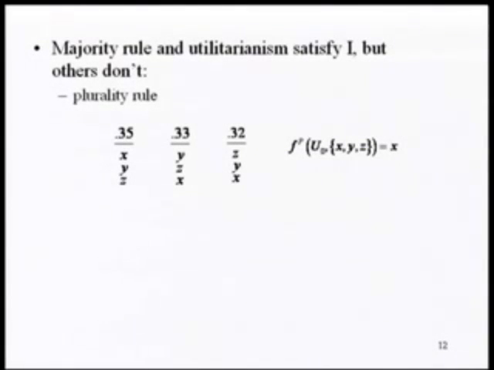Notice that for this profile, X is the plurality winner because more people put X first than any of the other 2. But suppose that we throw Z off the ballot so that only X and Y remain. Well, then people in this third group will put Y first, and now we'll actually have a majority for Y, and so Y will be elected.